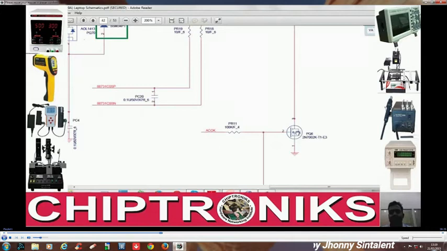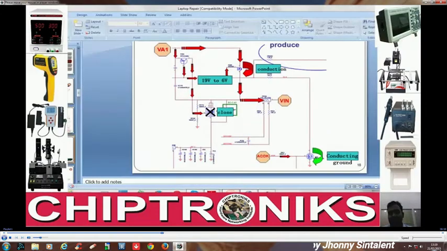This is an N channel MOSFET because the arrow is inside. So for an N channel MOSFET to conduct current, VGS has to be positive, so the gate is at a higher voltage than the source, so it will allow current to flow from drain to source. That means the switch will get closed.